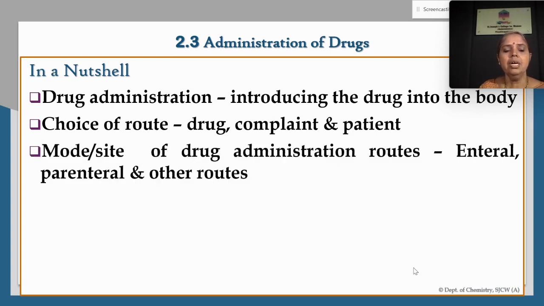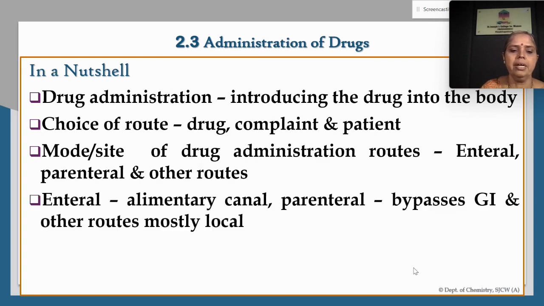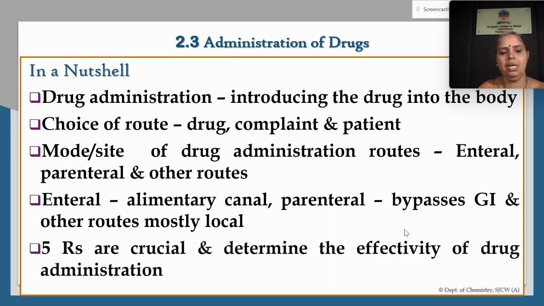Then we have seen the mode or site of drug administration can be enteral, parenteral, and also other routes. Enteral route definitely involves the alimentary canal or the gastrointestinal tract. Parenteral route bypasses the gastrointestinal tract, and other routes are mostly for local effects.